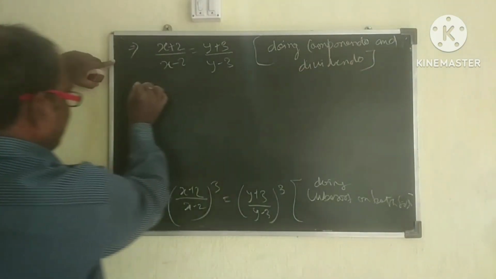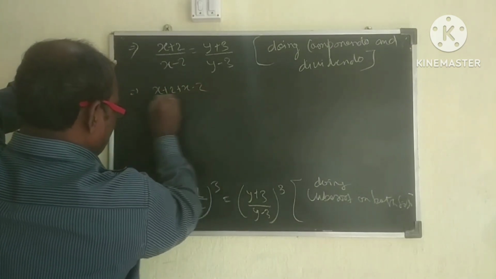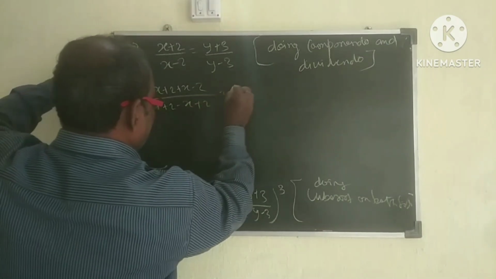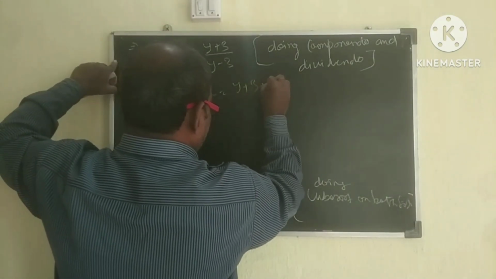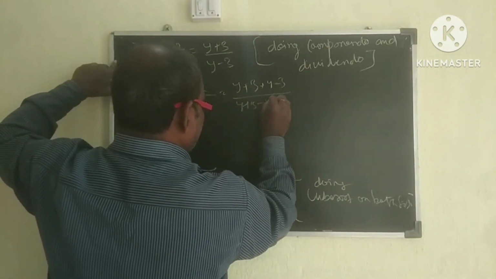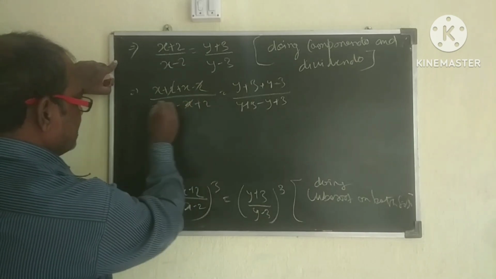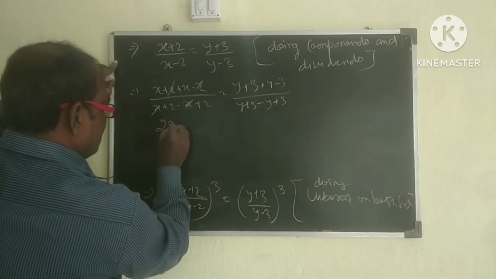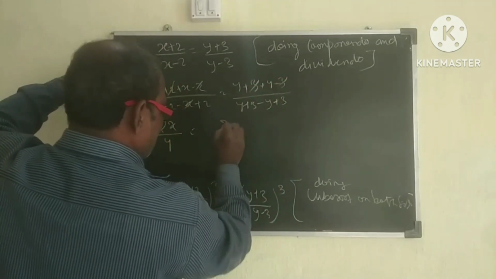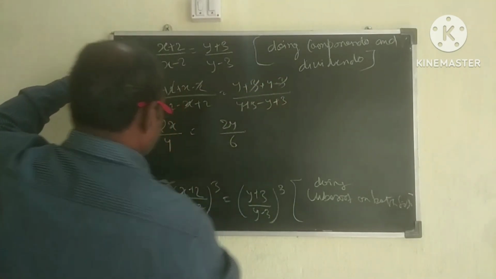Again doing componendo and dividendo, we get x plus 2 plus x minus 2 by x plus 2 minus x plus 2 is equal to y plus 3 plus y minus 3 by y plus 3 minus y plus 3. From here things cancel off, we get 2x by 4 is equal to 2y by 6.